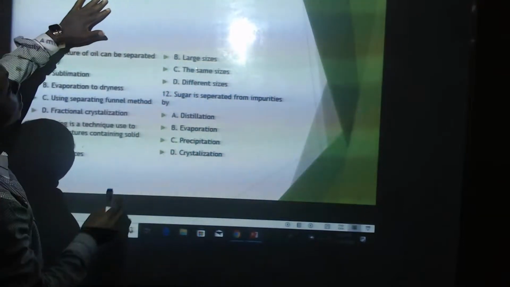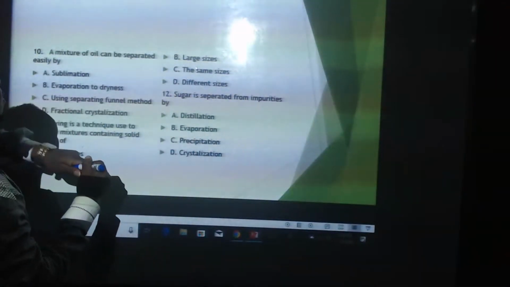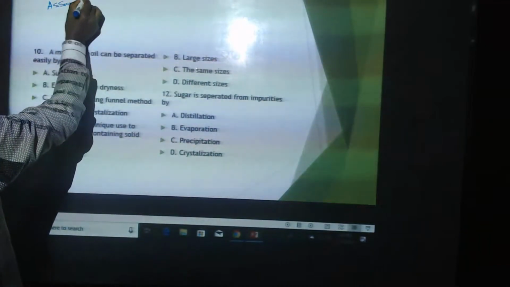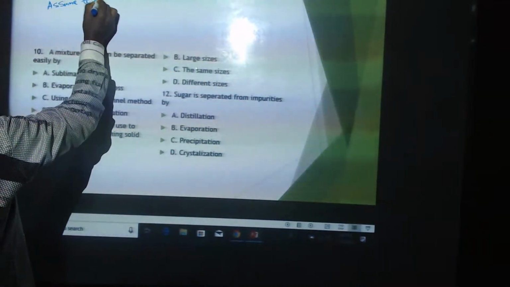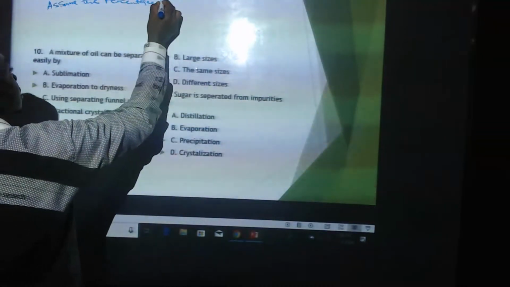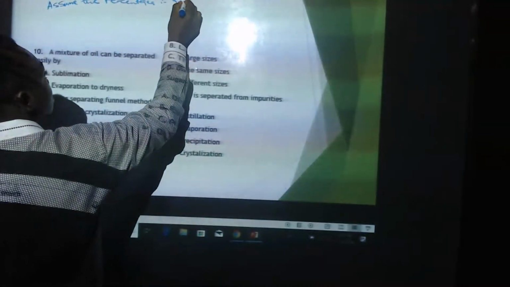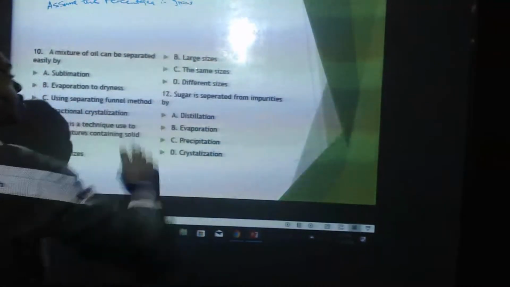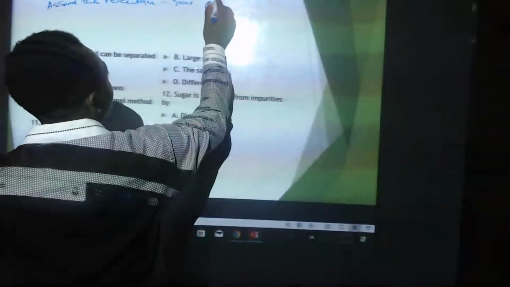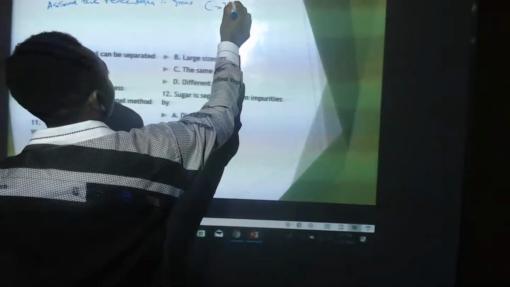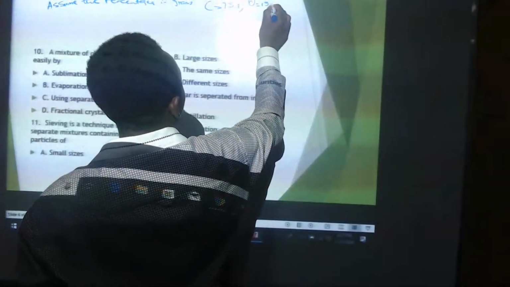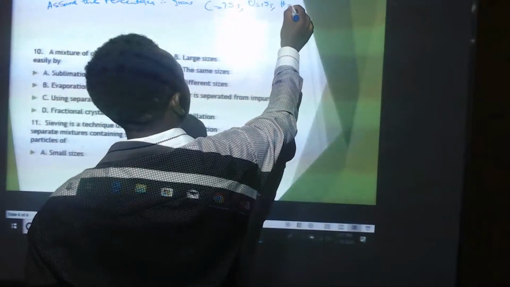Once you're being given like this, the first thing is to assume these percentages in grams. So then your carbon is equal to 75 grams, your oxygen is equal to 15 grams, and your hydrogen is equal to 1 gram.